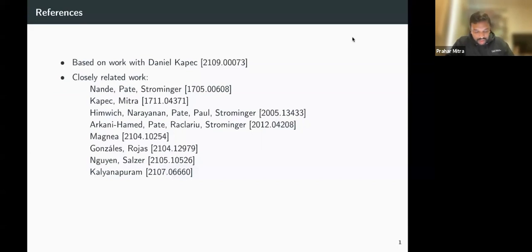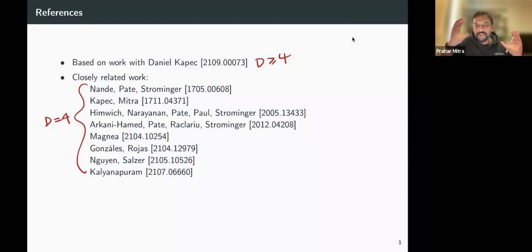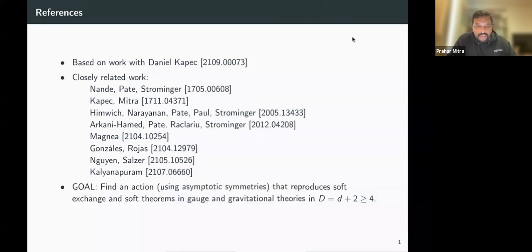The one thing I will mention is that all of these talks have been for 4 dimensions, and what I'm going to talk about today is general dimensions. So in some sense, it's a generalization of all of these results. And the idea is to have some sort of unifying principle that you can use to construct these soft actions.